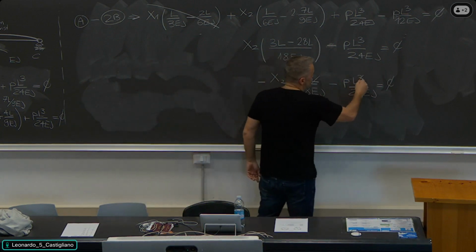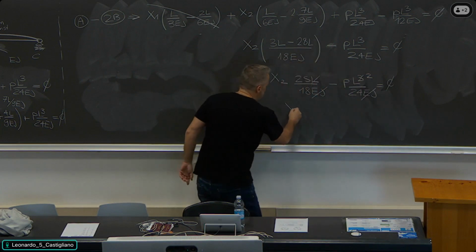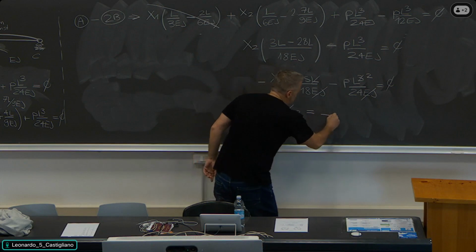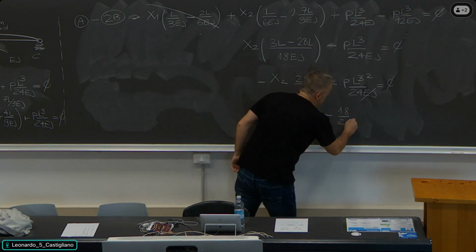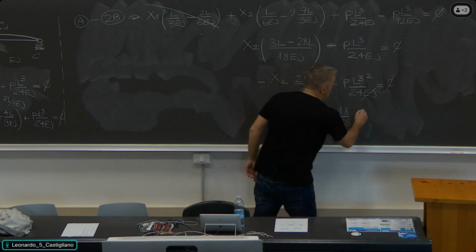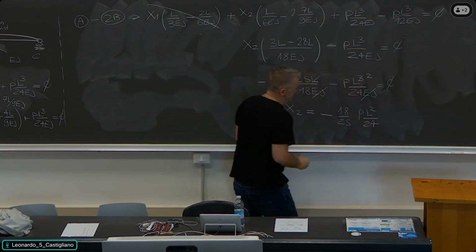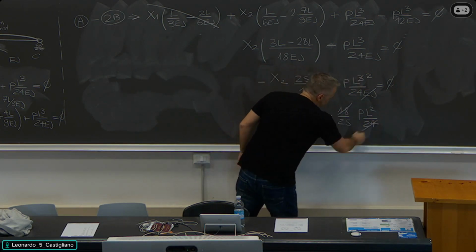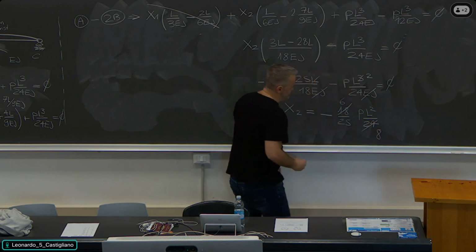L cancels out with this. EJ cancels out with this. So x2 in the end is equal to minus 18 over 25 times PL to the power of 2 divided by 24. 18 and 24 divided by 3, this is 6, this is 8.